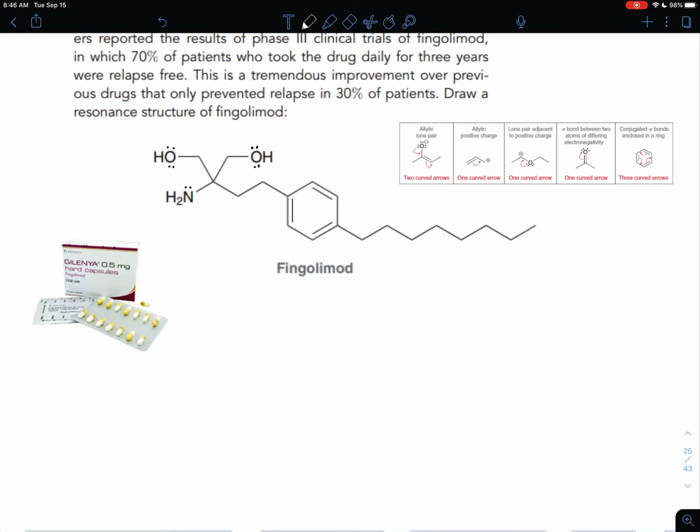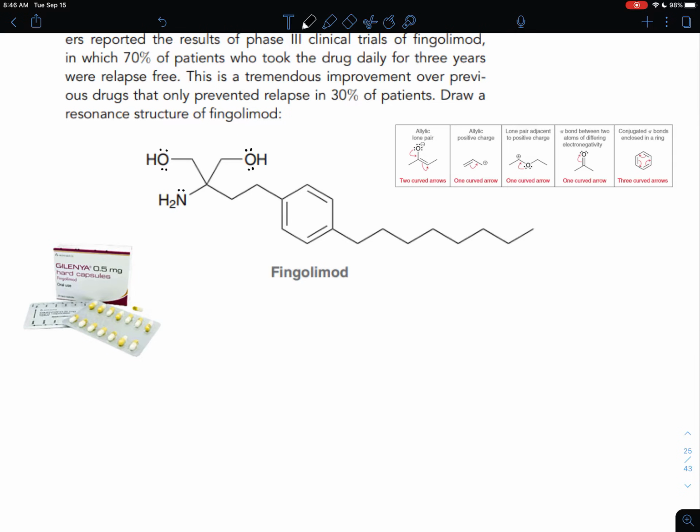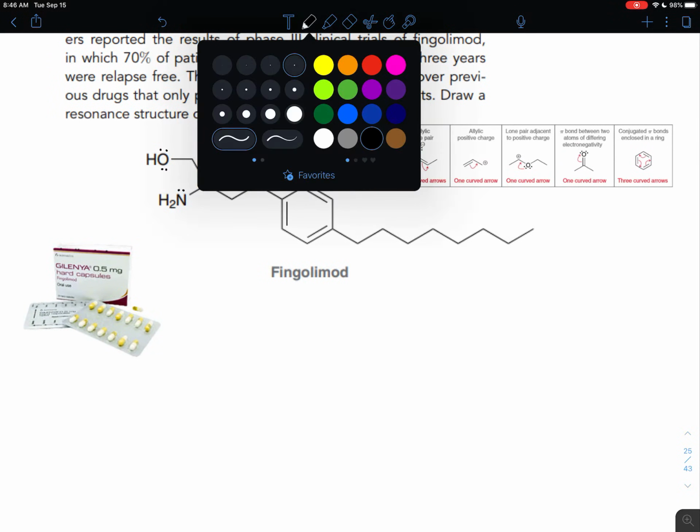And now we want to work methodically from left to right across this table to see what resonance patterns we have. First, we have an allylic lone pair. That's a lone pair that's one atom away from an atom in a double bond. Well, we have lone pairs, and we even have double bonds, but they are not close to each other. They're not one atom away.